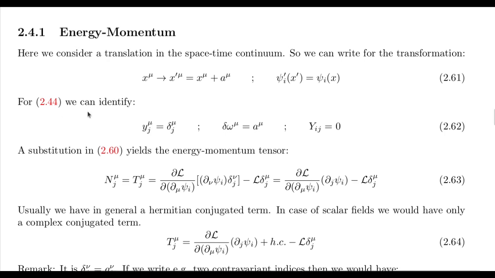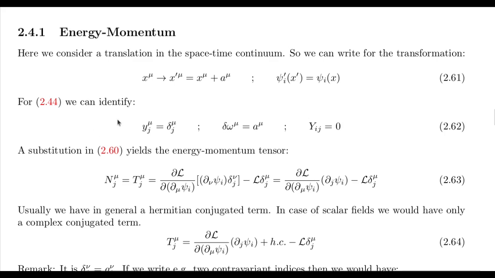Then we have for the Y matrix only the Kronecker delta, and we identify the omega parameters as the A vector here. And yeah, because there is no inner transformation, so the capital Y is 0.